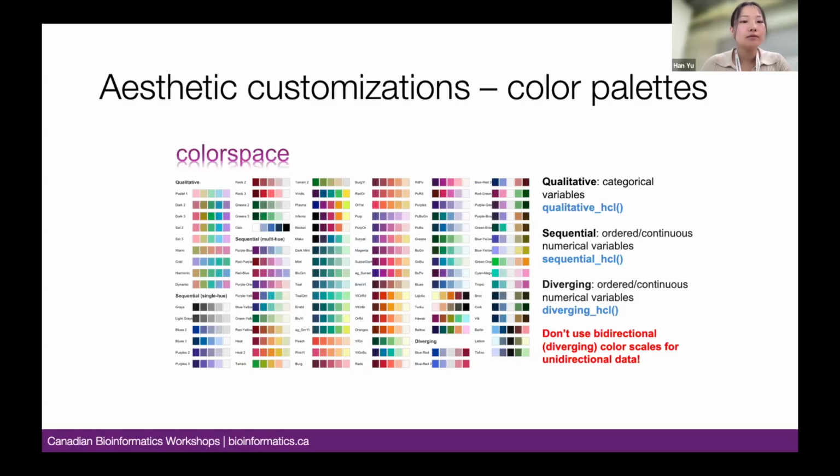The next one I would like to introduce is color palettes. Choosing the right color is essential for effective and interpretable visualizations. Different types of data require different color mappings to highlight the patterns, relationships, and variations.